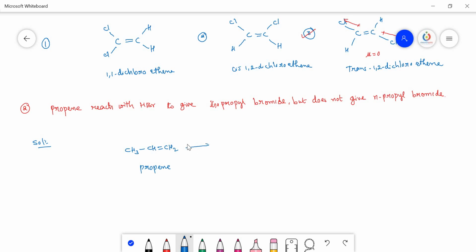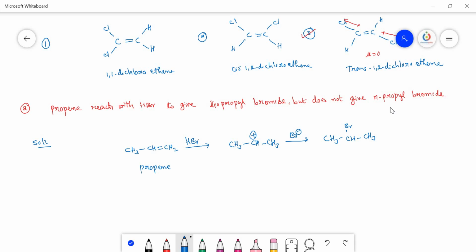So propene, when treated with HBr, initially forms a stable secondary carbocation, which on further reaction with the bromide ion produces isopropyl bromide, or else 2-bromopropane.